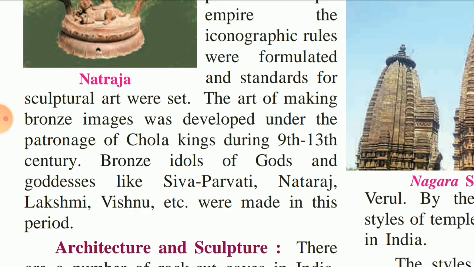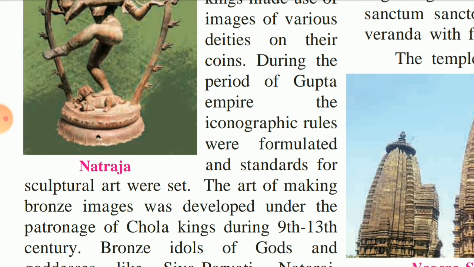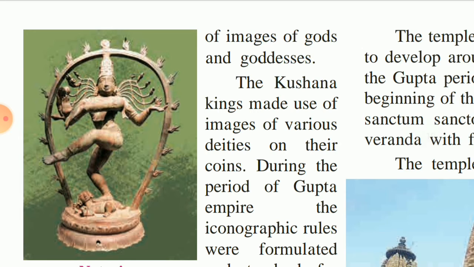Bronze idols of gods and goddesses like Shiva and Parvati, Nataraj, Lakshmi, Vishnu, etc. were made in this period. So that is the Chola kings' time these images were made. The rules were formulated during the Gupta Empire's time, and the Kushanas made use of iconography.